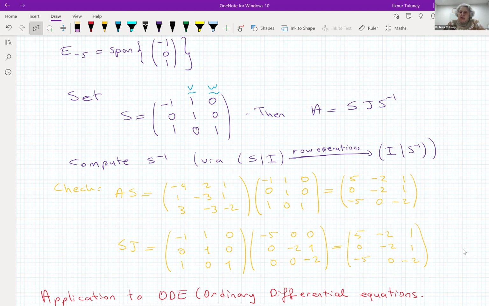Now I would like to talk a little bit about the application of this in ordinary differential equations. Applications of the Jordan forms are enormous. It is very important in mathematics. One of the key significances of the Jordan forms is that similar matrices have the same Jordan forms.